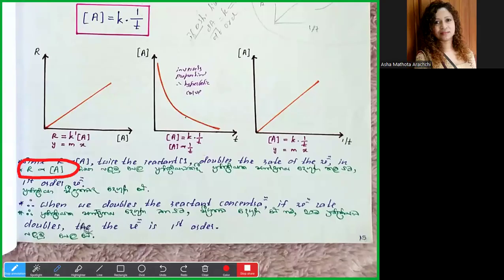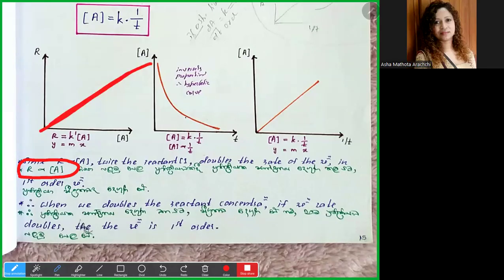First order. If you change the concentration and the rate does not change, that is zero order. If we double the concentration, the rate also doubles: first order, because it's directly proportional.